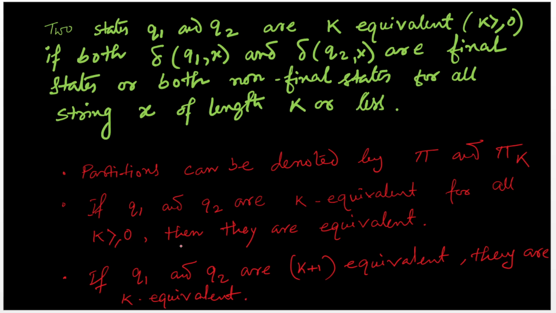So these are the properties where the partitions can be denoted by pi as well as pi k, and all the elements of pi k are k equivalent.